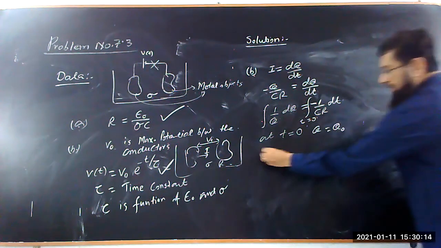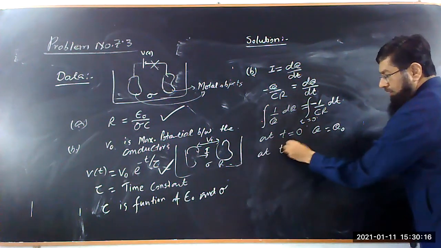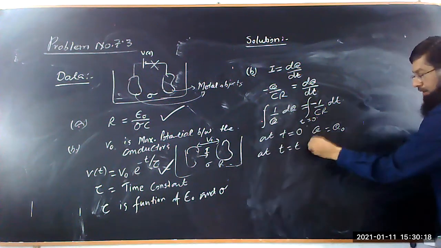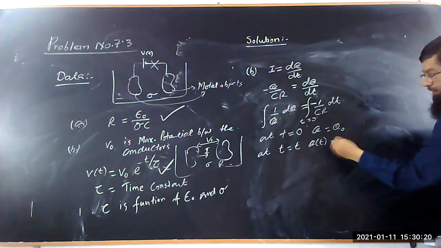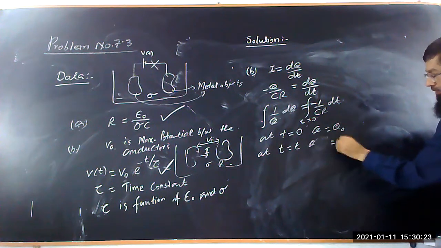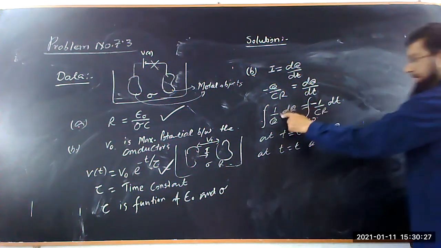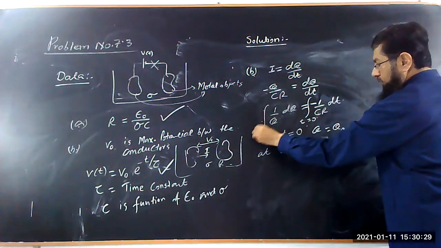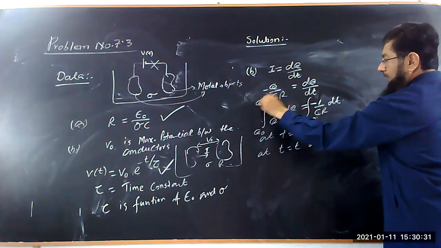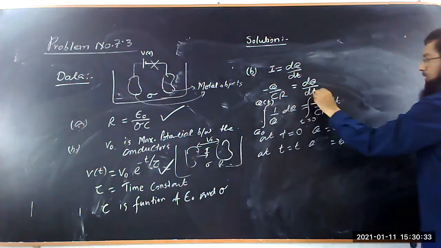And at any time t, the number of charges, which is a function of time t, Q is a function of time t. So here the integral is from maximum to any time t.